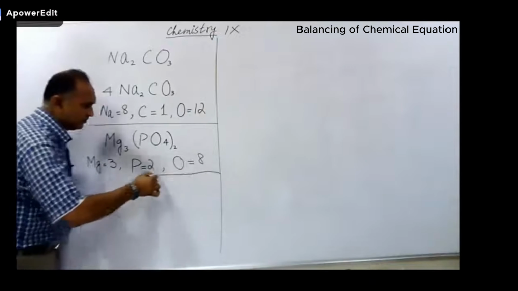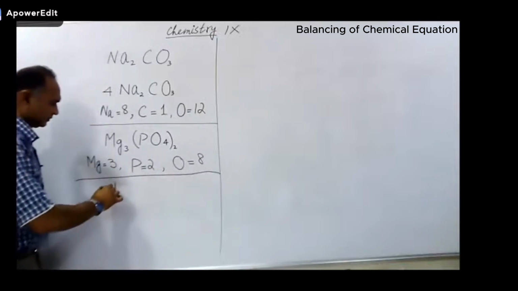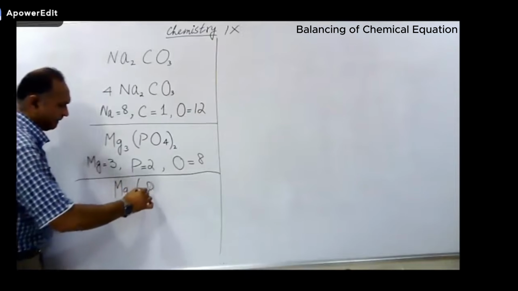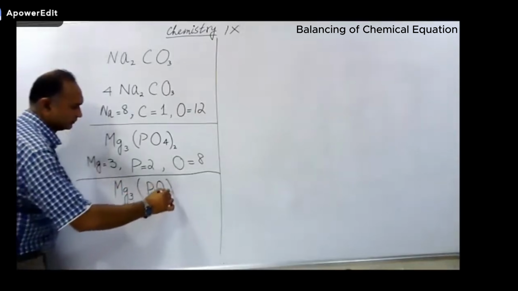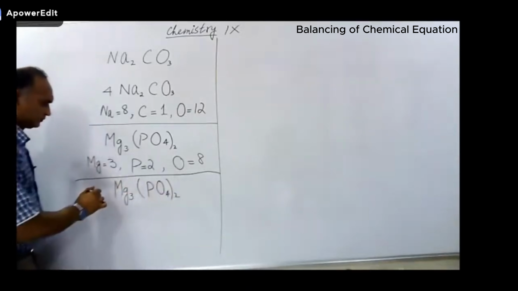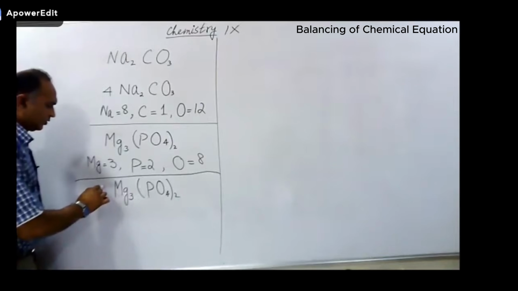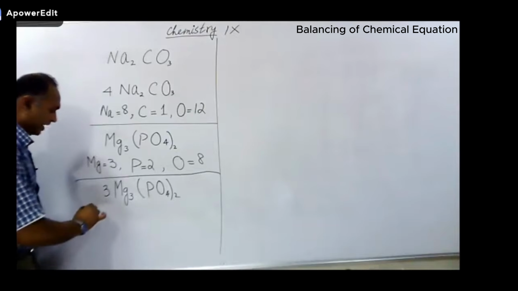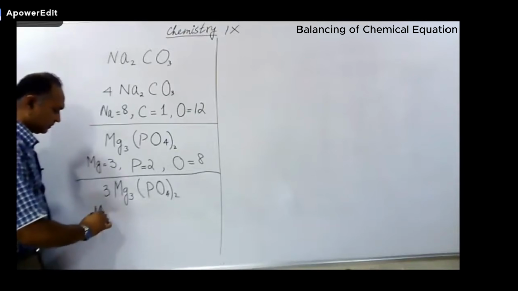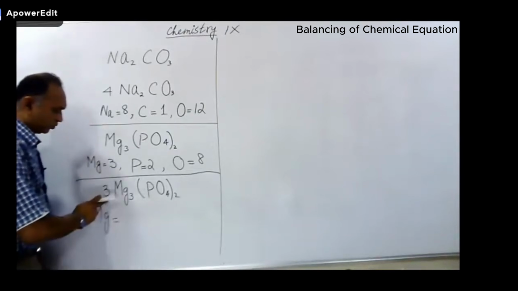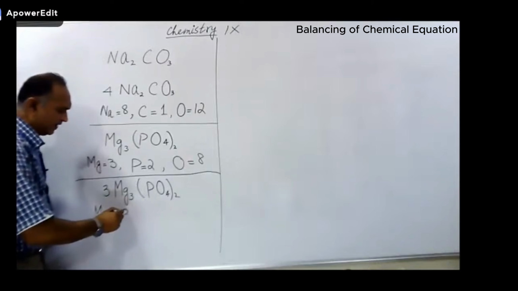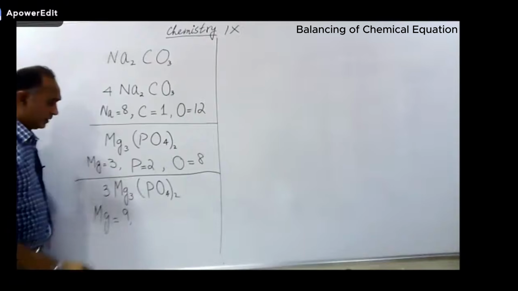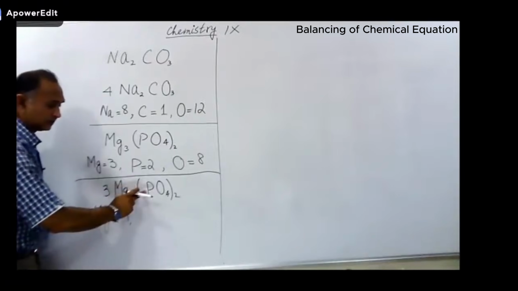If the same is written like this, with the coefficient, 3 is the coefficient. Now, how many magnesiums? 3 threes are 9. How many phosphorus?